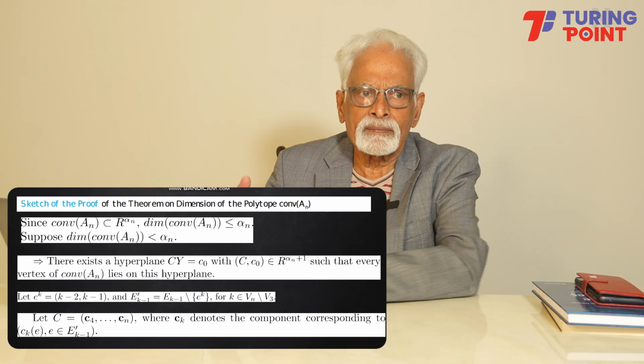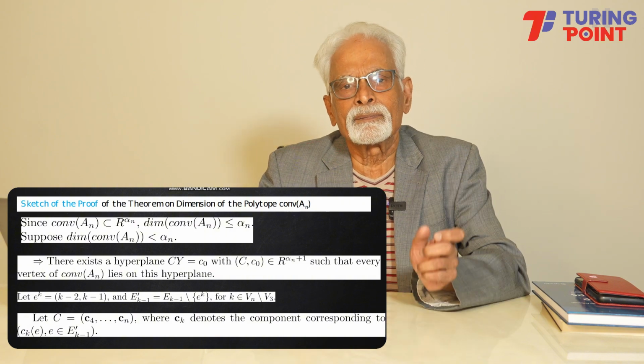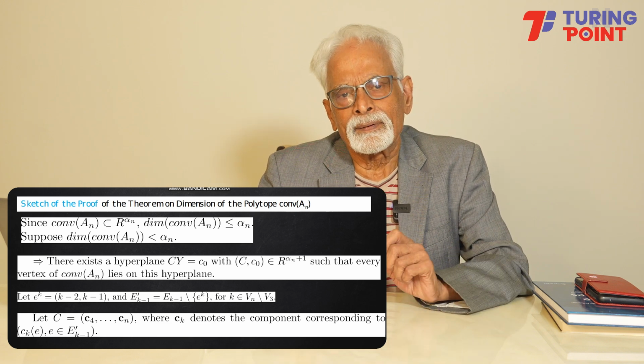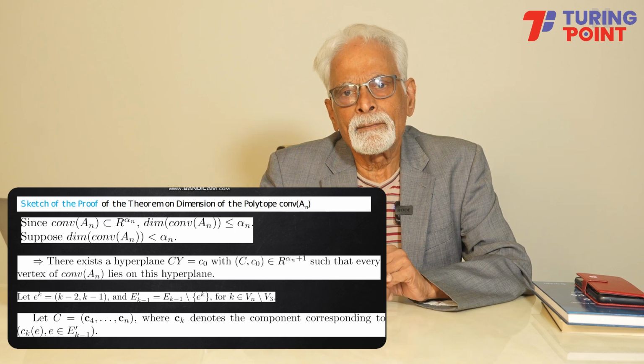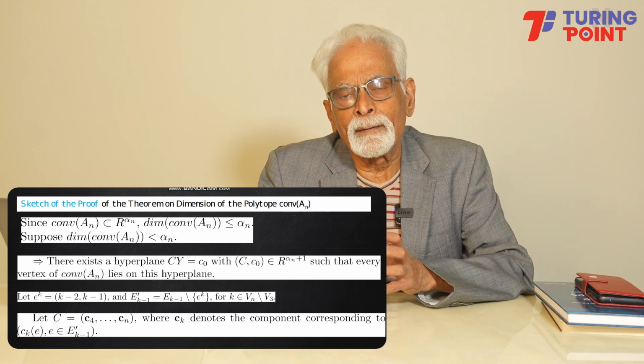So this goes like this. Suppose there exists such a hyperplane, then that means we have some C1, etc., Cn. For each of the components we can have a vector C1, C2, etc., Cn, and actually this starts from C4, so C4, etc., Cn.